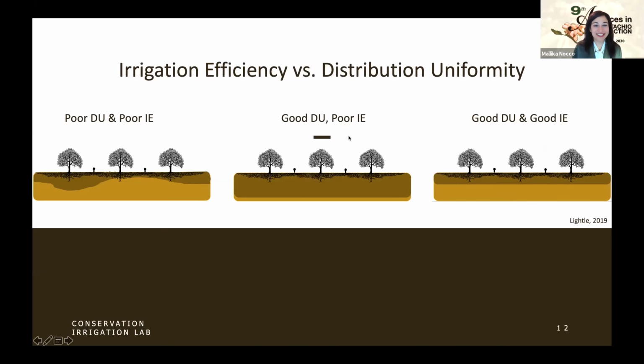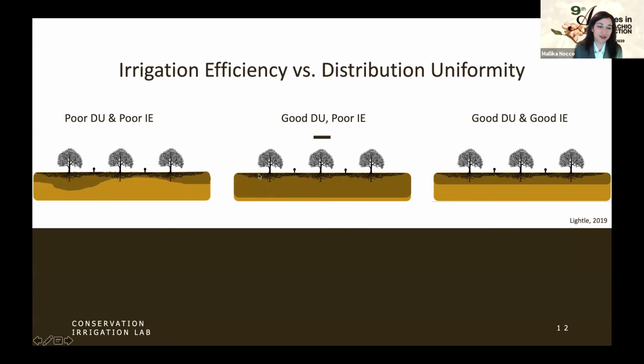But here is an example of a situation where the uniformity is great, right? We've got a uniformly distributed irrigation system, but the efficiency is poor. And the reason, and once again, I recognize this is an event, but if this was a movie and we were to carry this across the whole season, this would lead to poor irrigation efficiency.